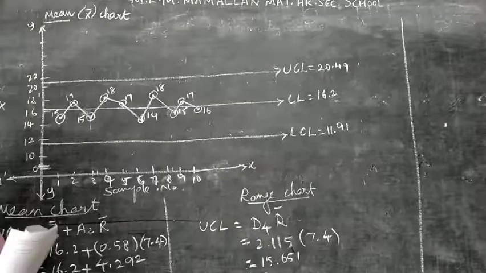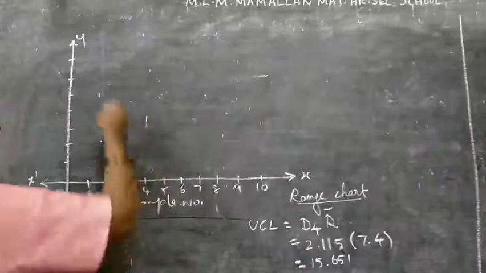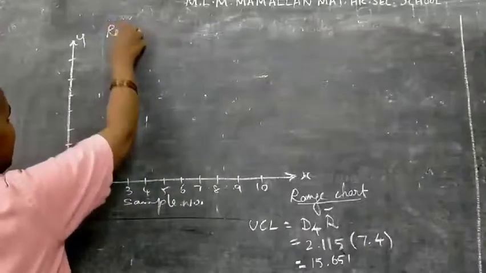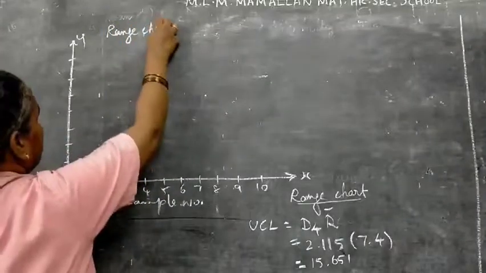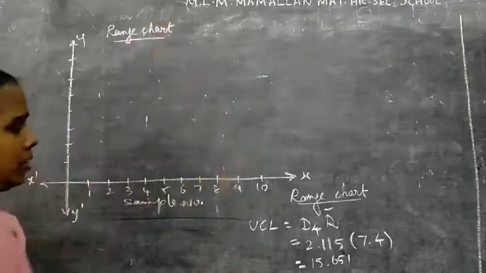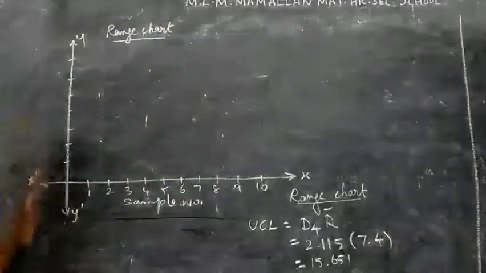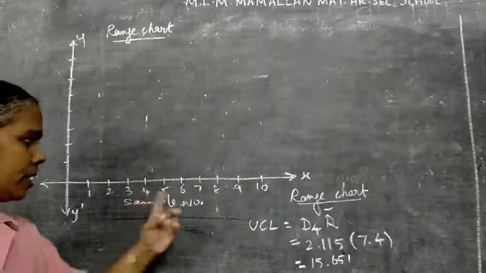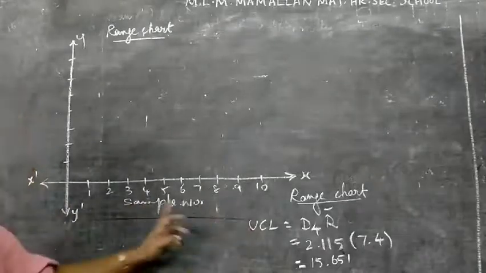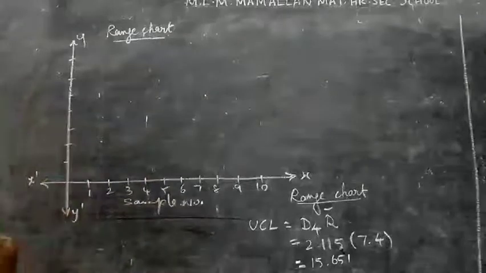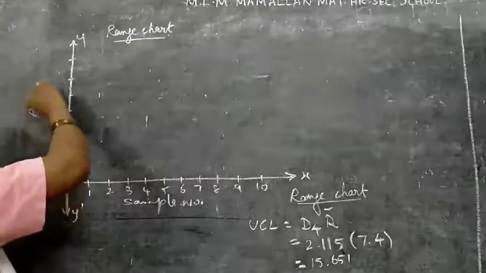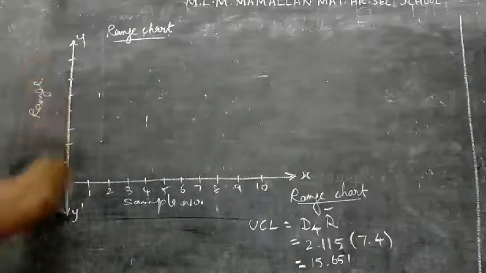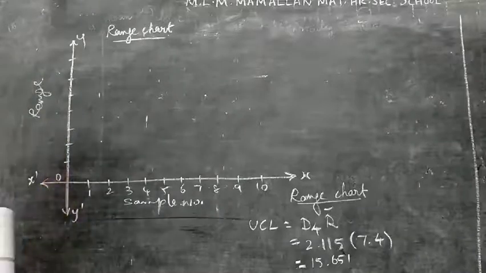Let us now move to the range chart in the beginning. Range chart. Okay. Now, as usual, you draw the graph and use scale to put points. Then write the sample numbers on the x-axis. On the y-axis, you should write range. How are we going to write the numbers here? Origin. Okay.